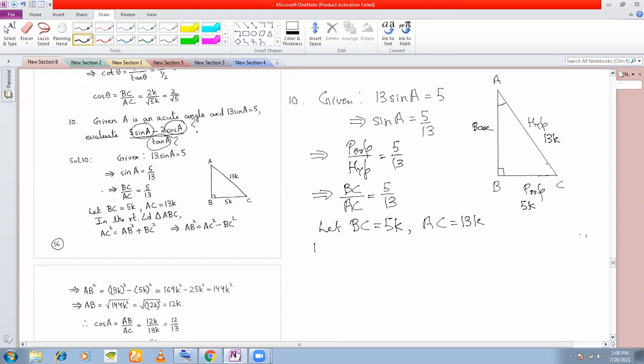So we can find it out from Pythagoras theorem in the right angle triangle ABC. AC square is equal to AB square plus BC square.